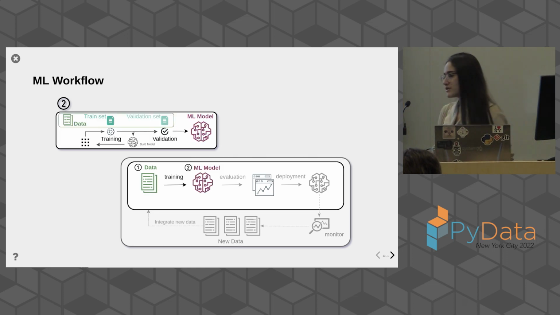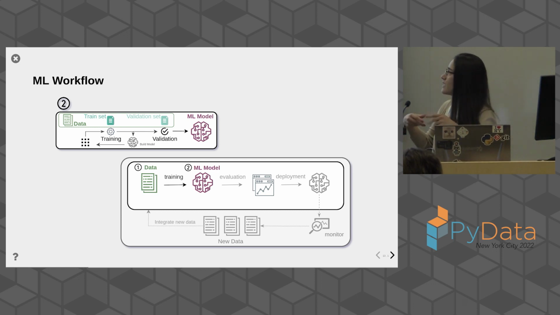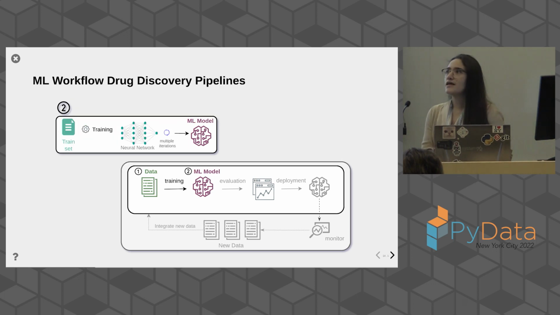And the training process in other types of machine learning pipelines is simple: I split training and validation sets, then I put my model to train, then I validate, I get an ML model, I check the metrics, boom. Well, in biological data, and in particular for drug discovery, that step is very intense.